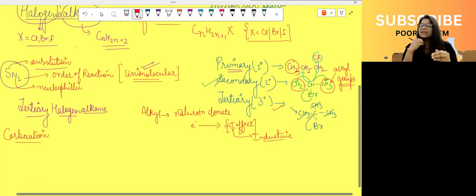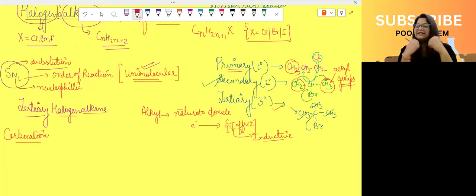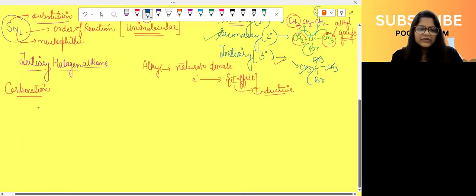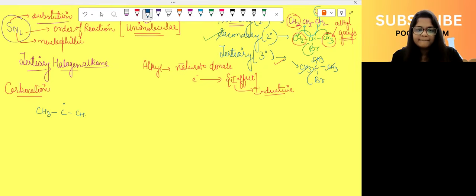So someone donating is plus. If someone will take, it will become minus automatically, right? So basically, if I make a tertiary carbocation like this, now we know that the C-Cl is a polar bond, right? They all three have electron donating nature because they all are alkyl groups.